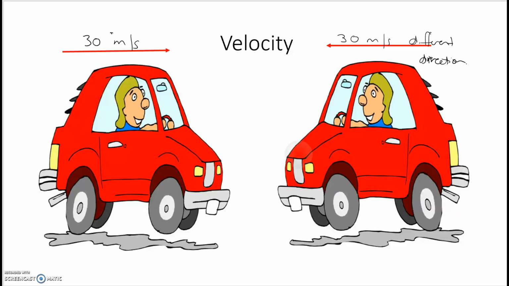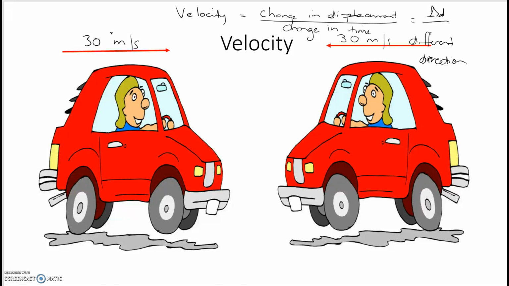So we need to think, though, that the velocity is the change in displacement, because we do need to look out for direction, divided by the change in time. So if we were to use symbols, we'd have the change in d divided by the change in little t.